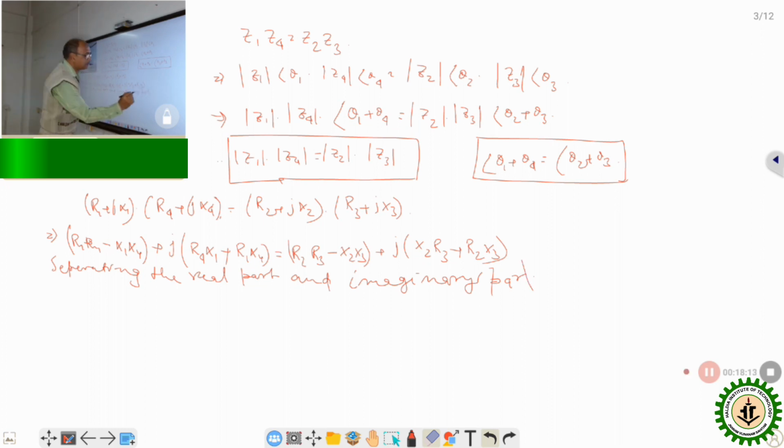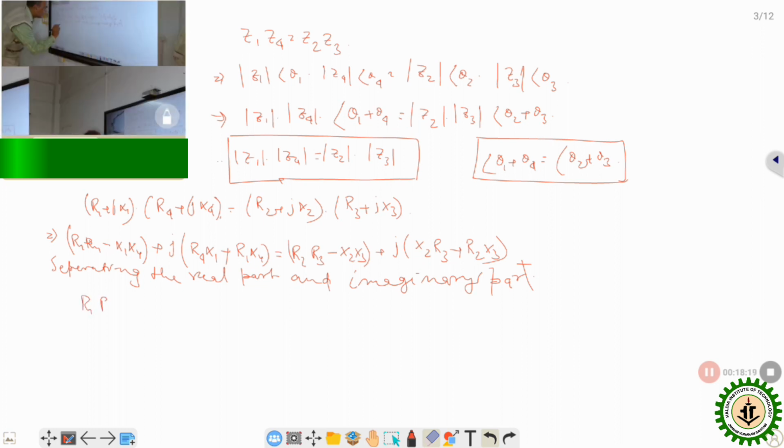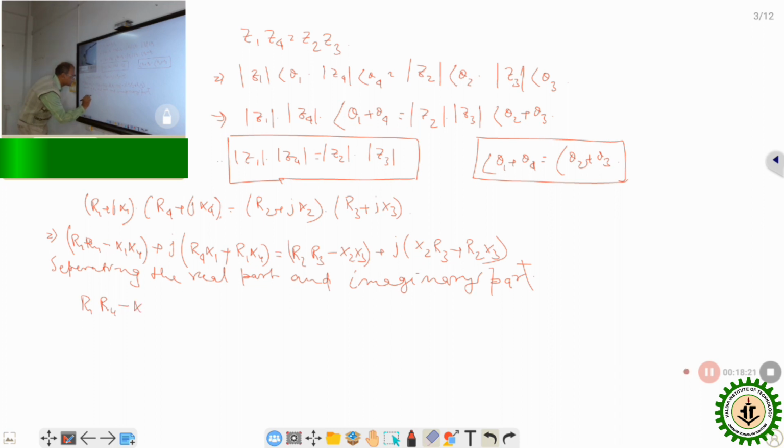What are we getting? R1 R4 minus X1 X4 equal to R2 R3 minus X2 X3. One condition.